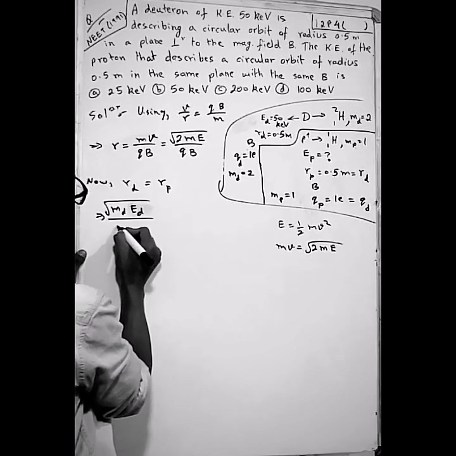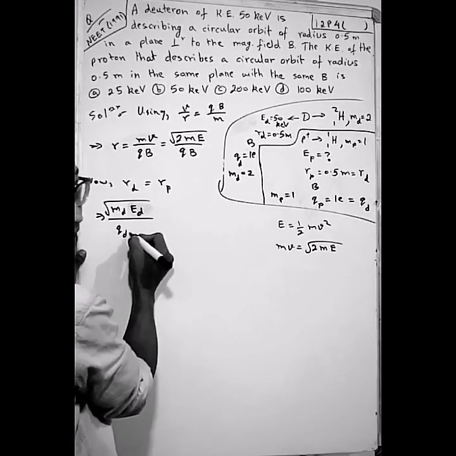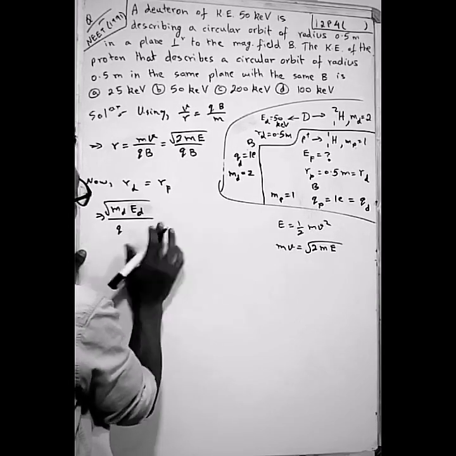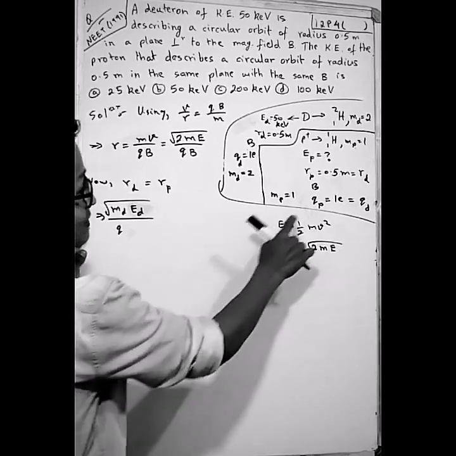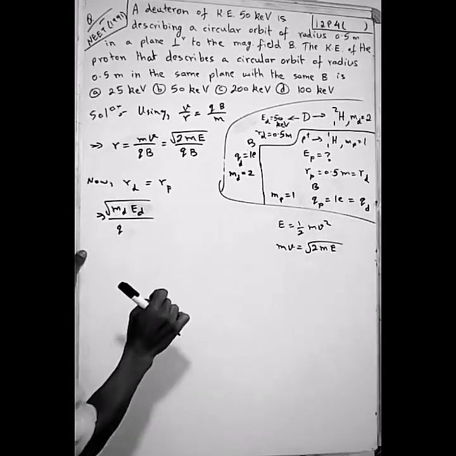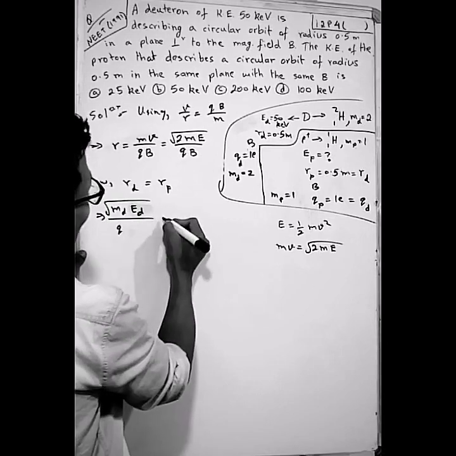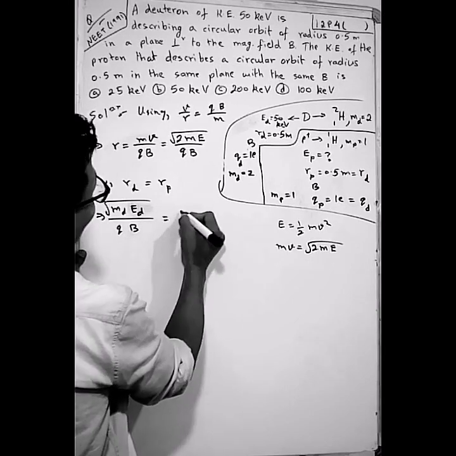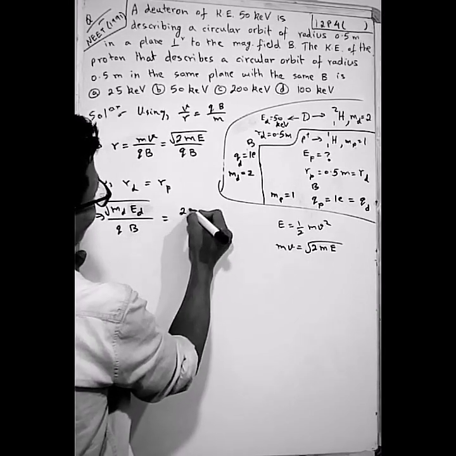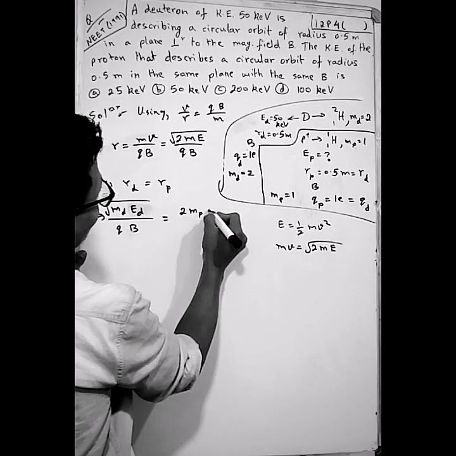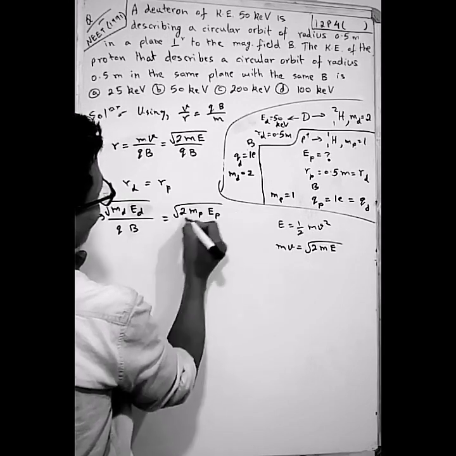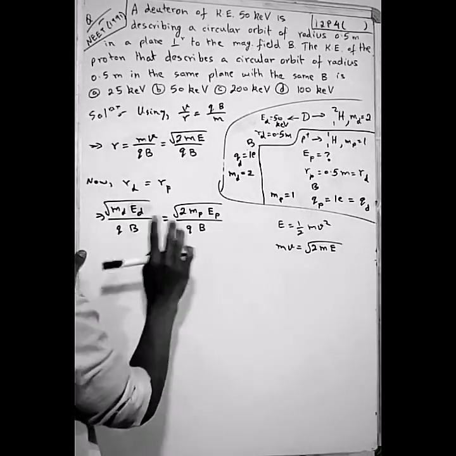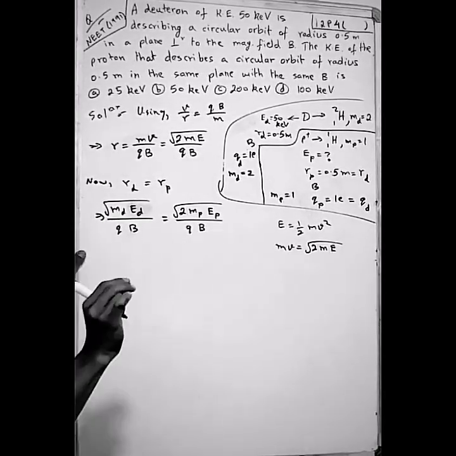Q for deuterium and Q for proton, can we just put Q? Same, yeah. And B is the same. So we have root over 2 MP EP by QB, QQ, since they have equal charge.